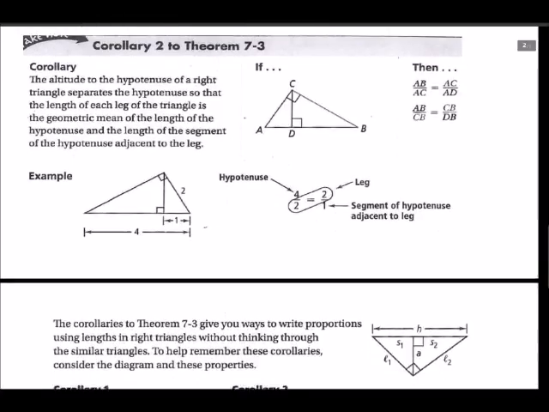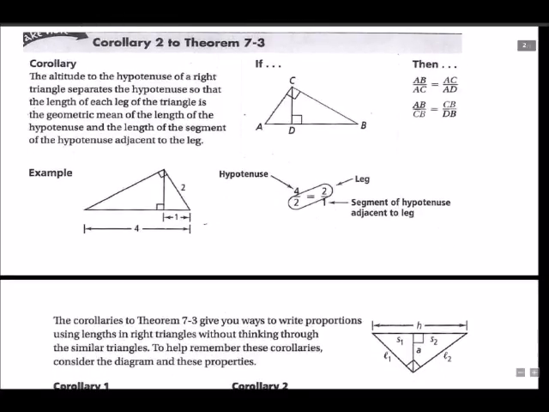Our next corollary, corollary 2, says the altitude to the hypotenuse separates the hypotenuse, okay, so that the length of each leg is the geometric mean. So here's our mean.